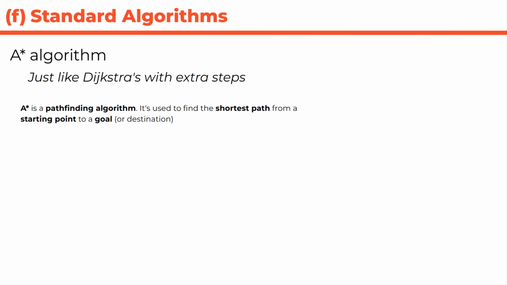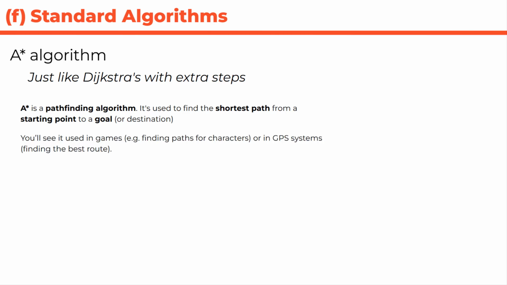The A-star pathfinding algorithm itself is used to find the shortest path from the starting point to a goal or its destination. And you might say, well, so does Dijkstra's. Well, yes, it does, but Dijkstra's looks at every node and every possibility from every node onto every other node, whereas the A-star algorithm uses the term heuristics to find the fastest path whilst ignoring some other nodes, therefore making it more efficient.